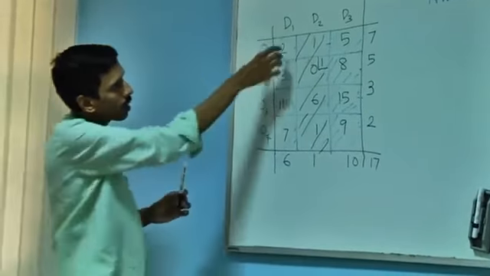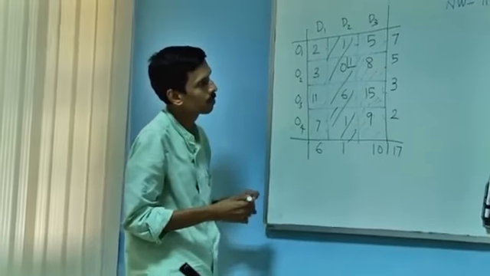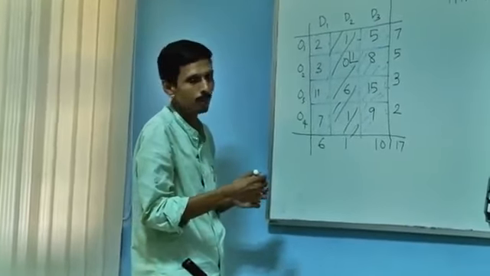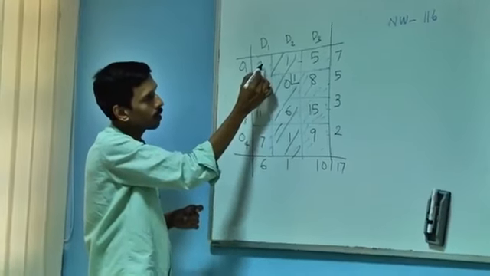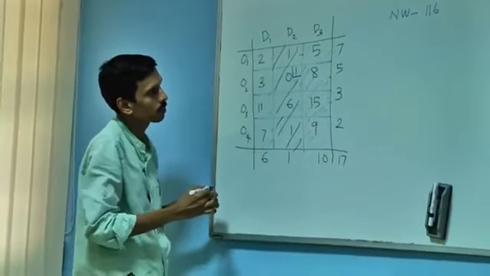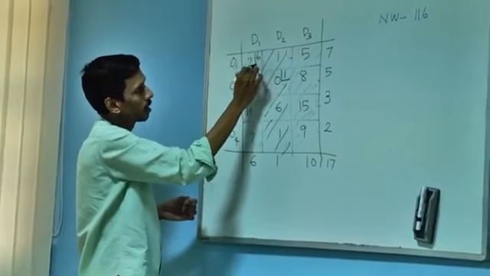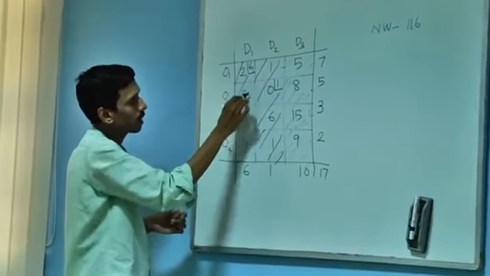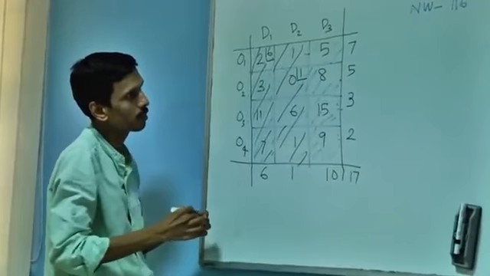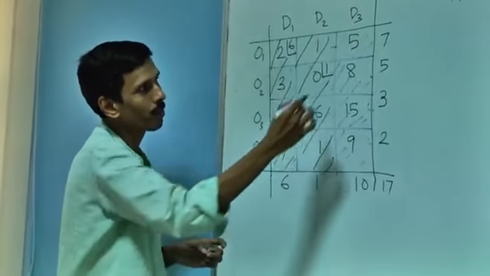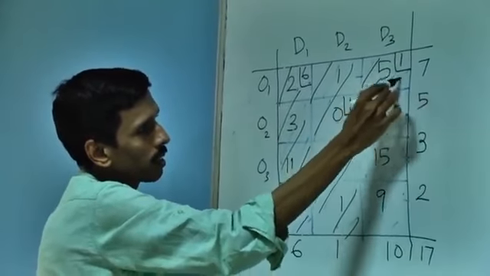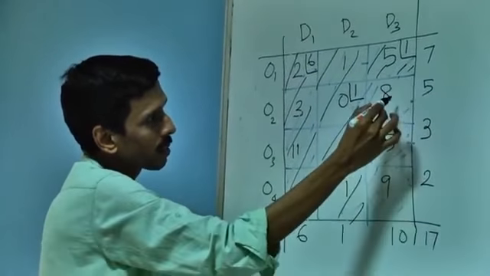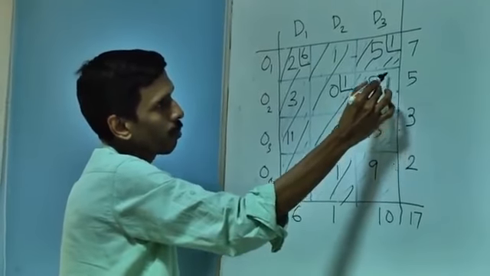Then look into the remaining part. Where is the minimum? Here is 2, which is the minimum. How much can you allocate here? 6. Right? First column again exhausted. Then where is the minimum? 5. How much? 1. Right? Then 8. How much? 4 only.